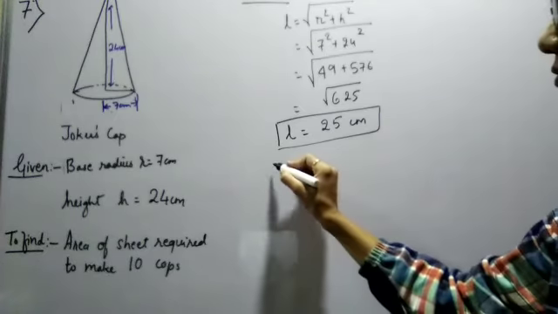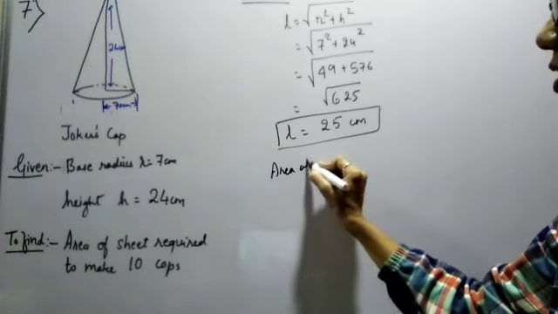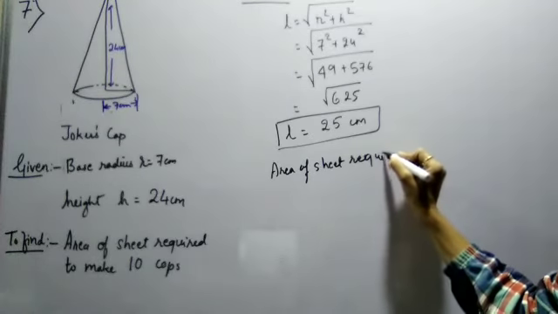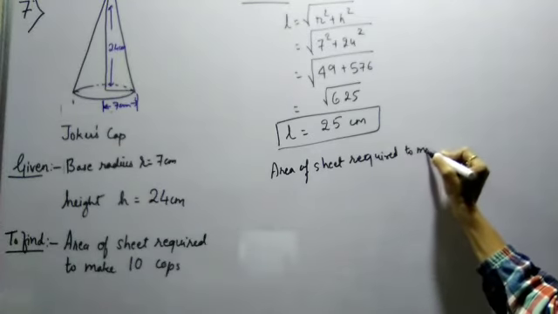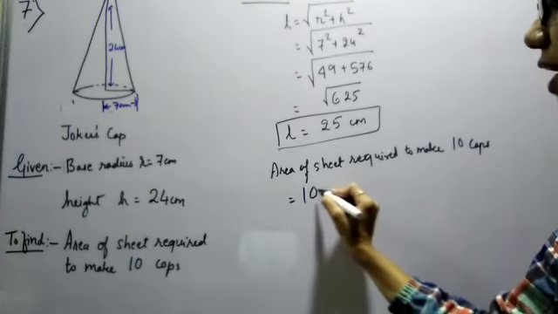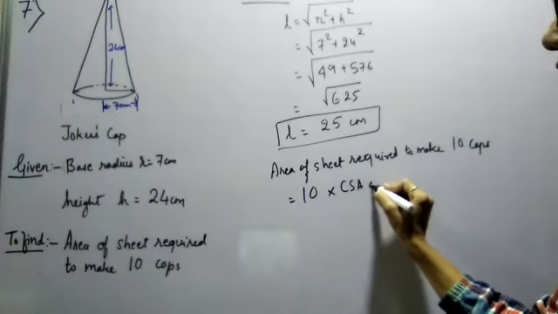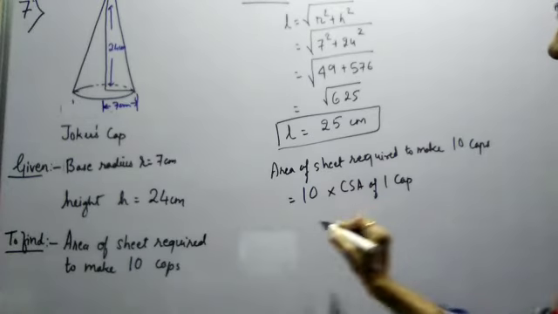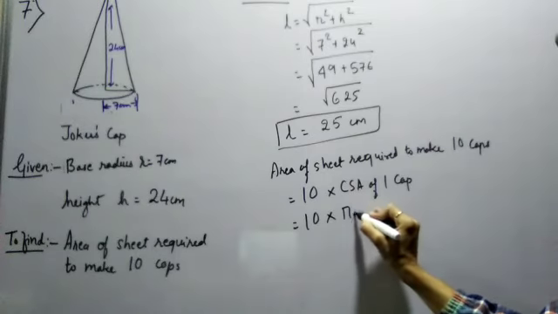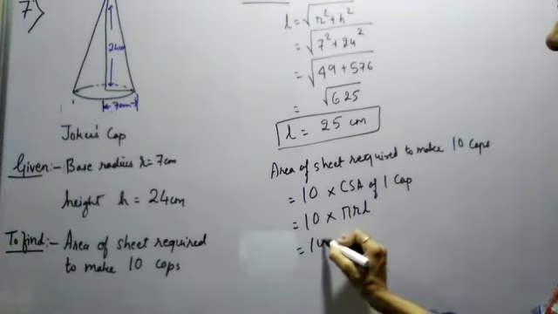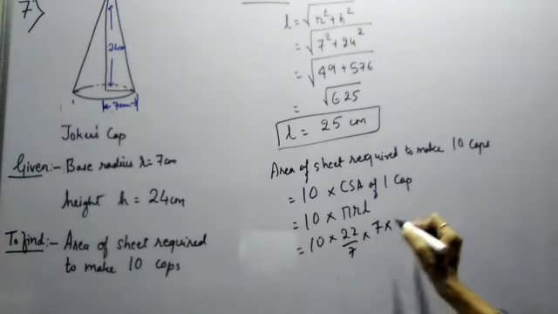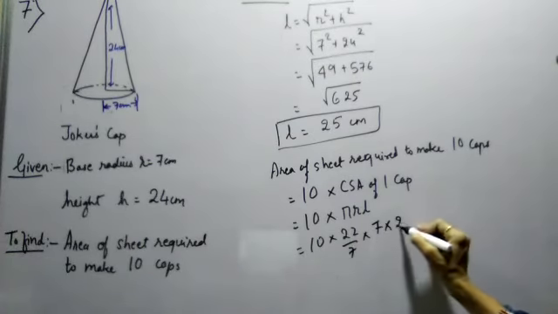Now, area of sheet required to make 10 caps is equal to 10 times curved surface area of one cap, which is 10 into, what is the curved surface area of one cap? Pi r l. So 10 into 22 by 7 into radius 7, and what is your L? 25.